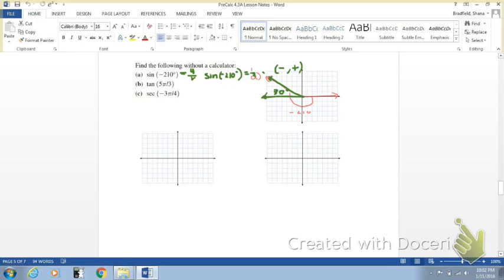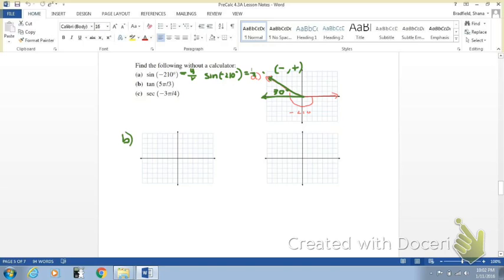And I could do the same thing for tangent, except this time I'm going to have radians. If it's helpful to rewrite your radians in degrees, you can certainly do that. I know that pi over 3 is equal to 60 degrees, so if I have 5 of those, then 60 times 5 is 300. So this is actually the tangent of 300 degrees.